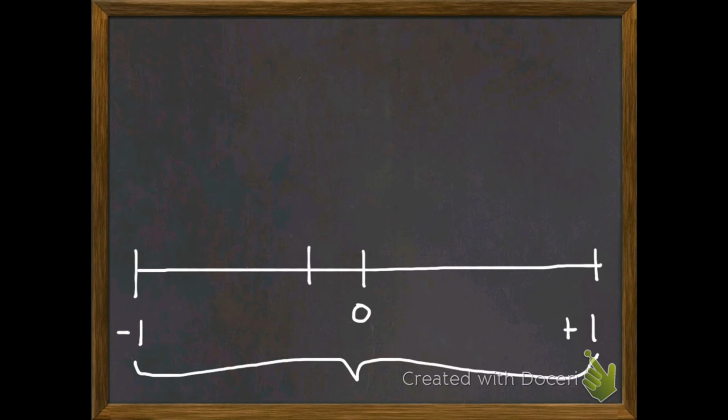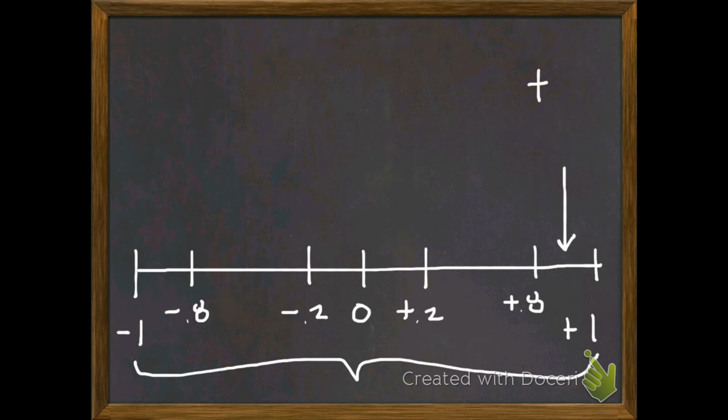Let's break this up at negative 0.2, negative 0.8, positive 0.2 and positive 0.8. If we get an R value in here for this class, we're going to call that a positive relationship, but we're also going to refer to that as a strong relationship. If we get an R value in this region, we're going to call this a negative strong.